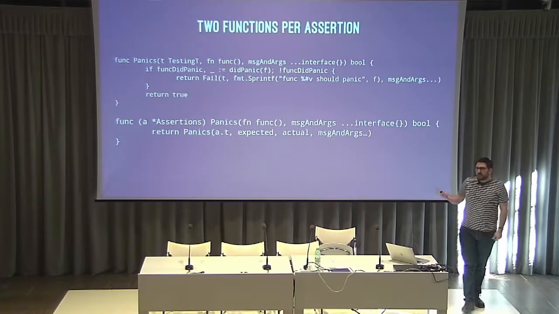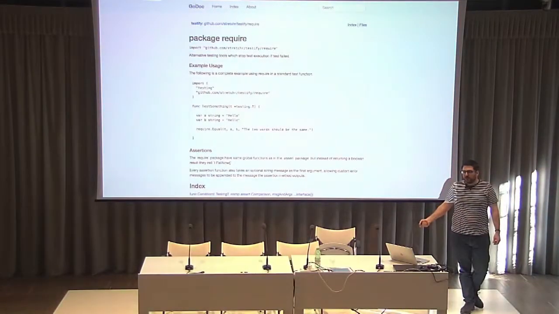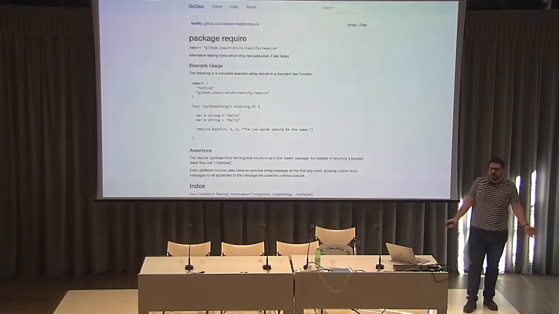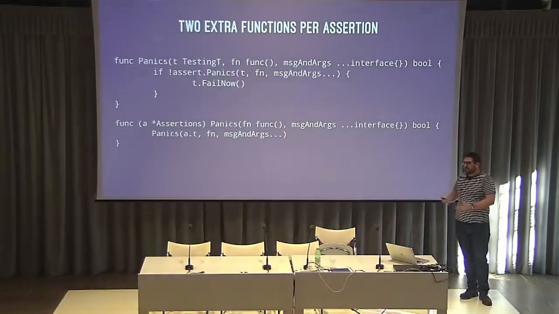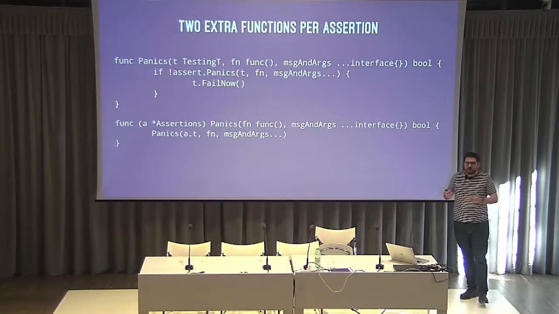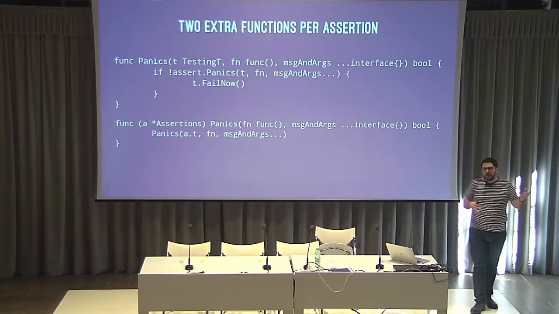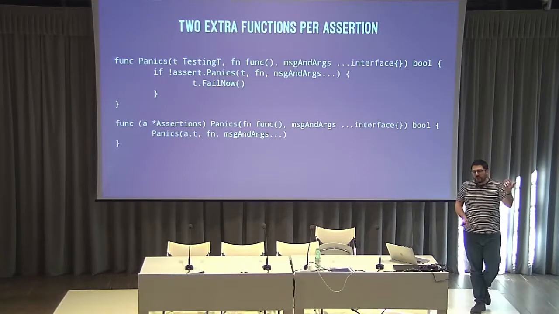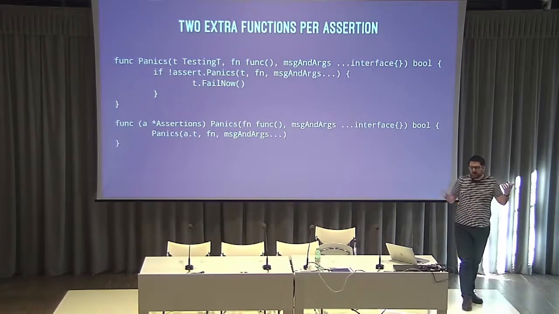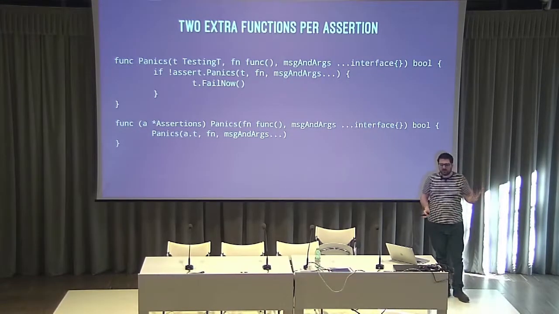But then we also have a require package, which is basically the same as assert, and it actually calls assert, and it has the same assertions, but it does things a bit differently. The way assert works right now, it doesn't stop executing the test when an assertion fails. require does stop executing the test.